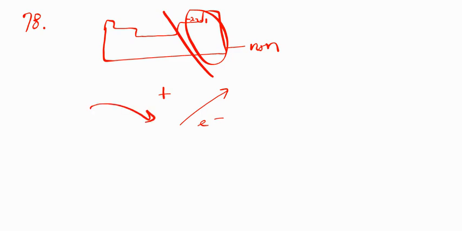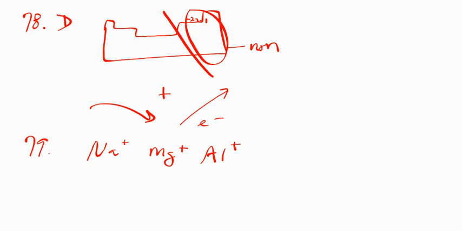79. In which of the following sets are the charges given correctly for all the ions? When I look at A, it has Na +1, Mg +1, Al +1. Is that true? Is that what they are when they fill up their shells? No. Na is, but these are not.